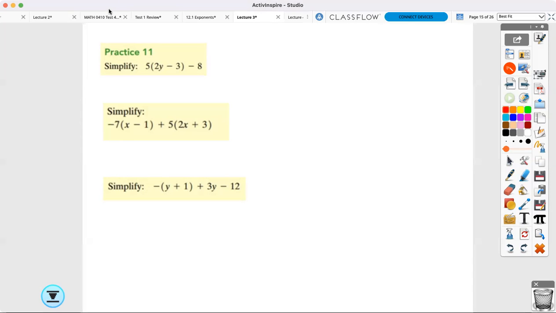All right, would anyone like to share the answer for the first one for practice 11 on the chat or unmute? 10y minus 23 is correct. Good job. Any questions on the first one? All right. What about the second practice problem, class?